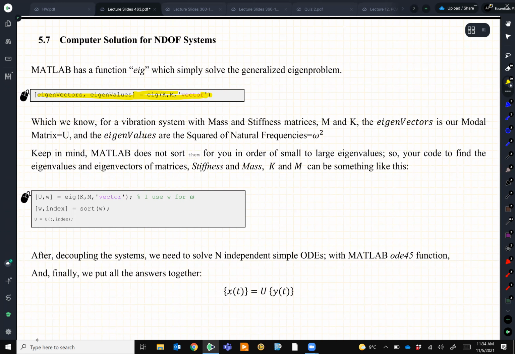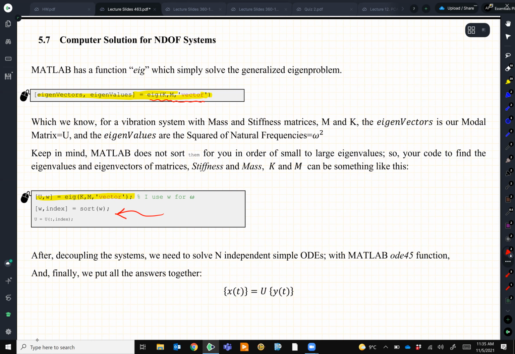So simply you need to calculate the eigenvalues and eigenvectors of K and M from MATLAB. Just 2 lines give you the eigenvalues and eigenvectors. Something that you need to be careful about: MATLAB does not sort them for you. You need to sort them, remember, from the smallest to largest. If you just use them as U1, U2, you're going to mess up everything, and you will see your matrices will not be decoupled.